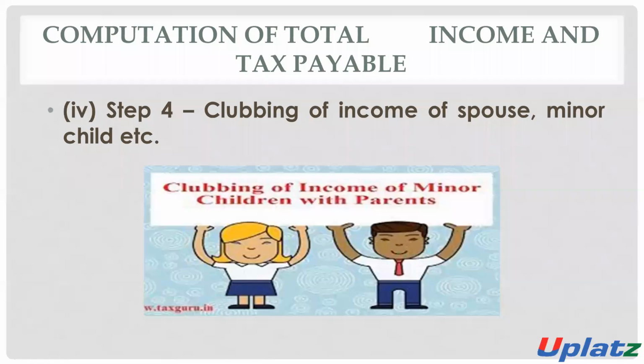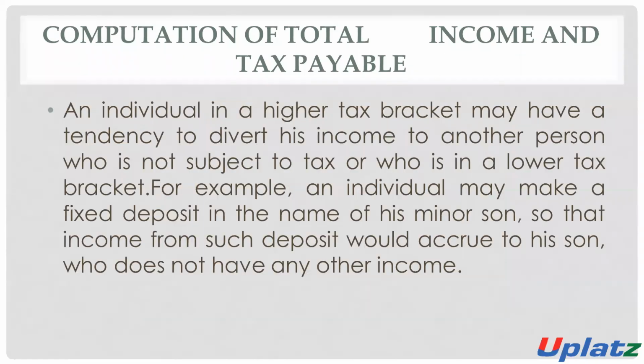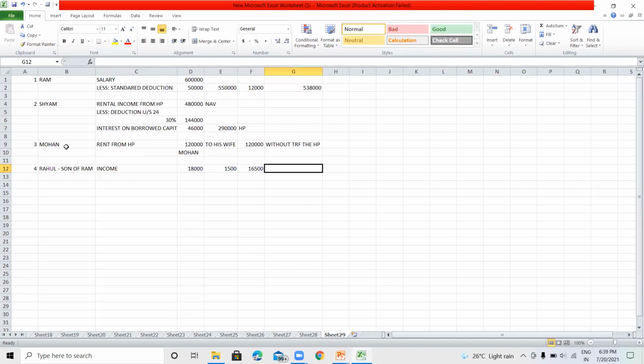Now we will discuss step number 4. An individual in a higher tax bracket may have a tendency to divert his income to another person. For example, Mr. Mohan's total income is 10 lakh 8,000 rupees.